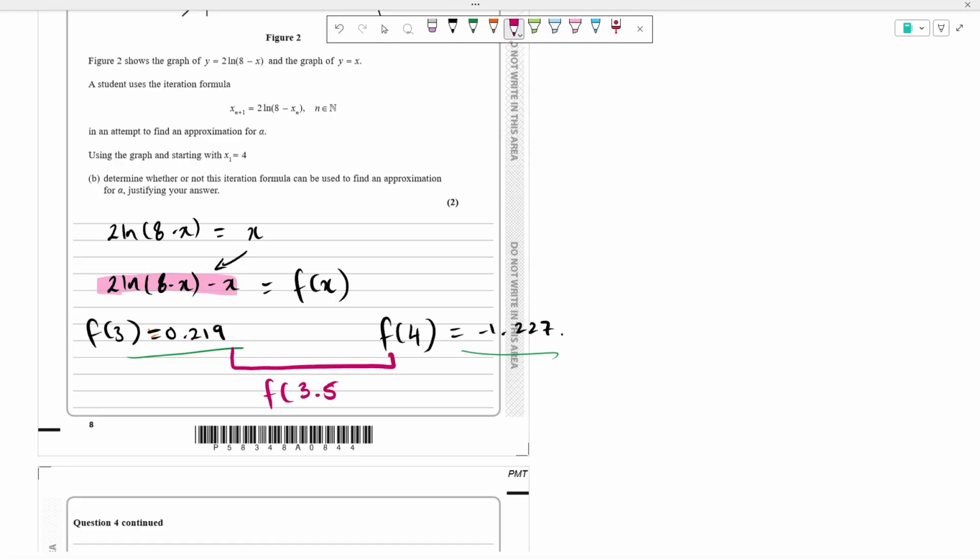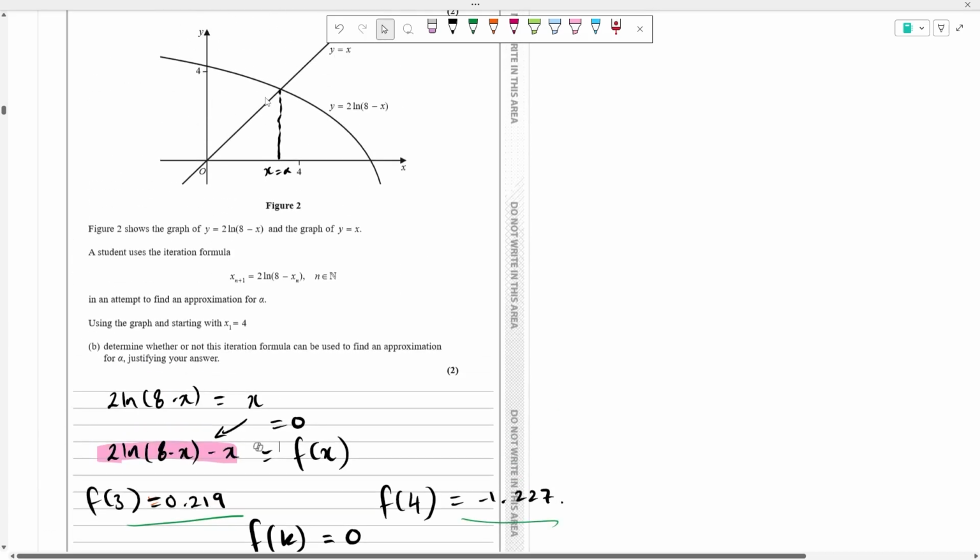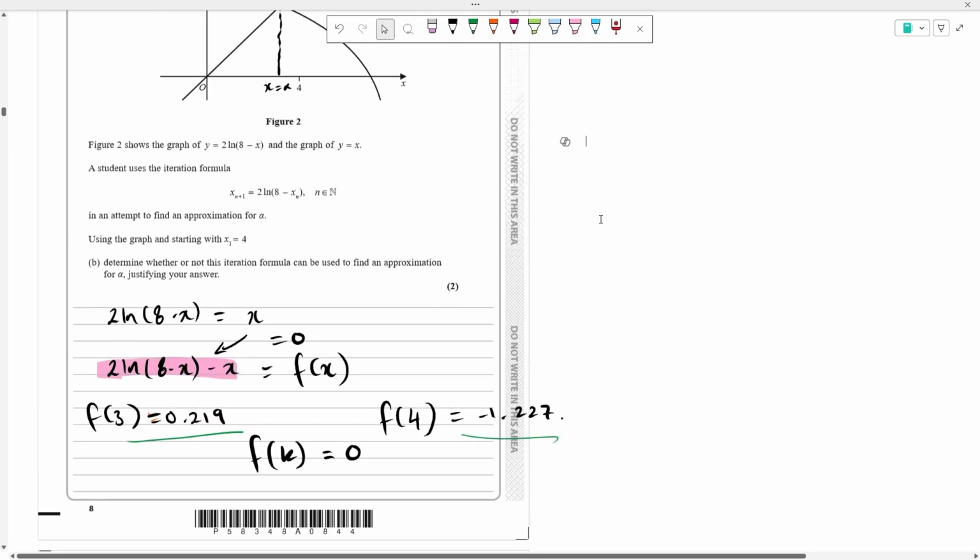Maybe it might be 3.5, maybe 3.7, we don't know at the moment, but within this region we will have a number k such that f of k is equal to 0. And if it's equal to 0, like we figured out earlier, that's essentially the solution to the graph here. Does that make sense?